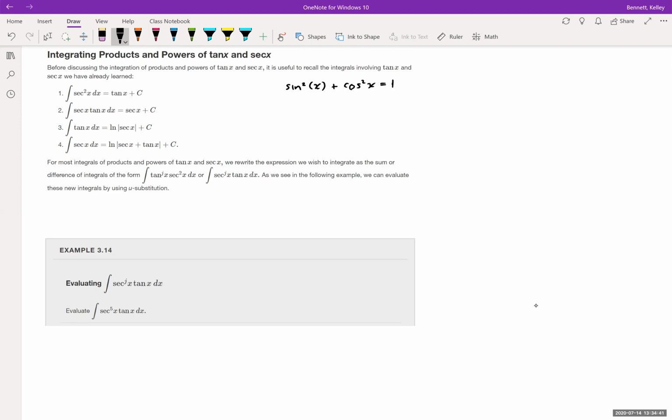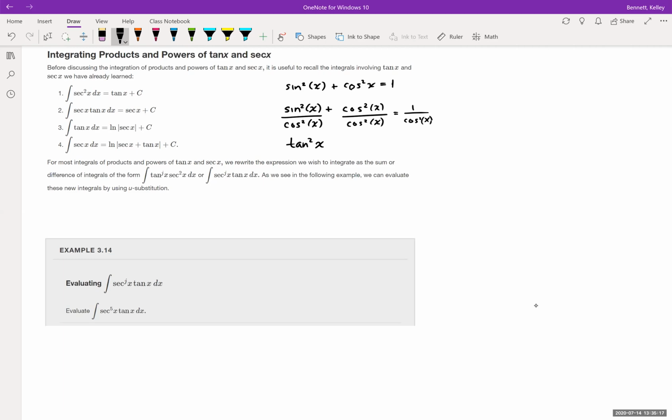So if I divide everything by cosine squared and simplify, what I end up with is sine squared over cosine squared is tan squared.